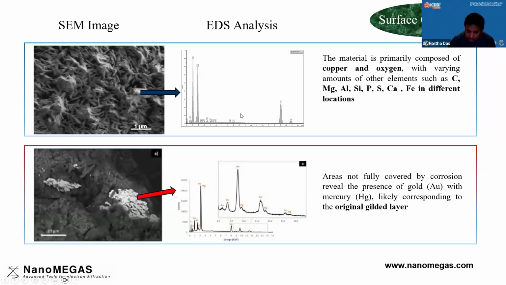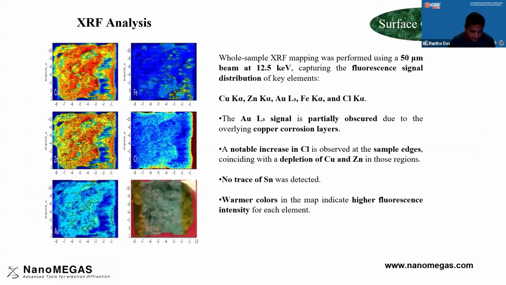As a next step, we did some XRF analysis on these samples, an XRF mapping at the Albus synchrotron beamline using a 50 micrometer beam to see the distributions of copper, zinc, gold, iron, and chlorine. Interestingly, we have not seen any gold signal in the XRF.